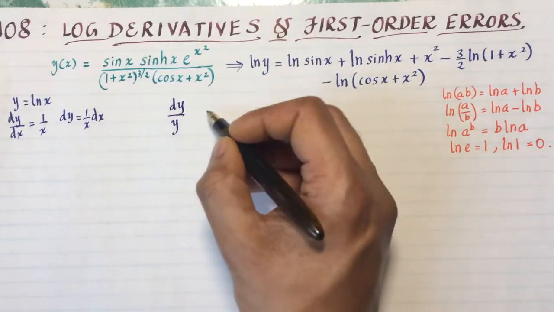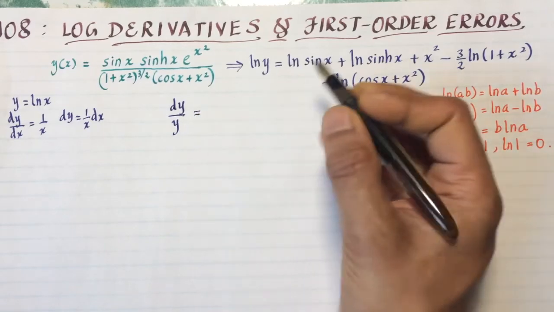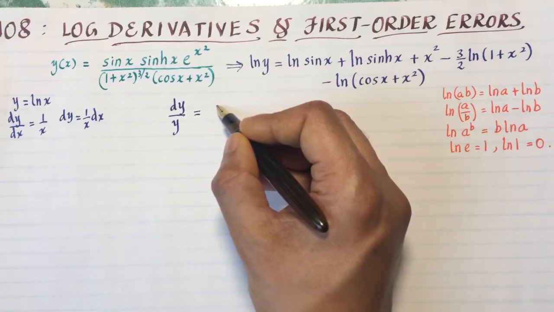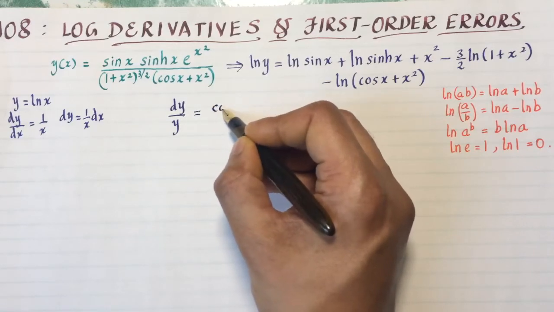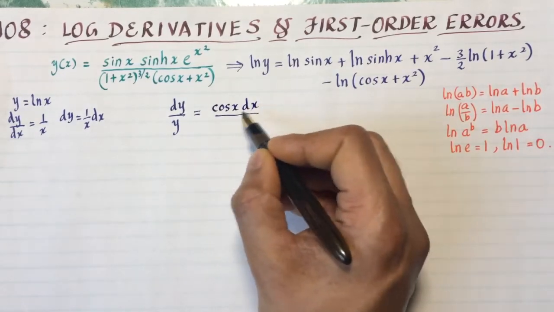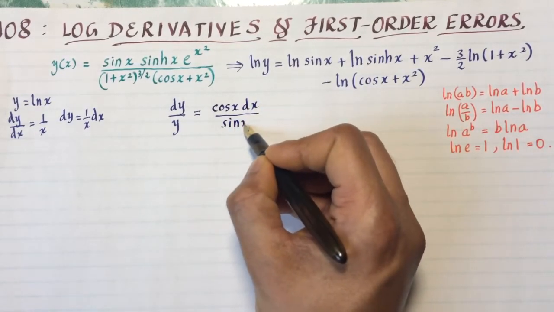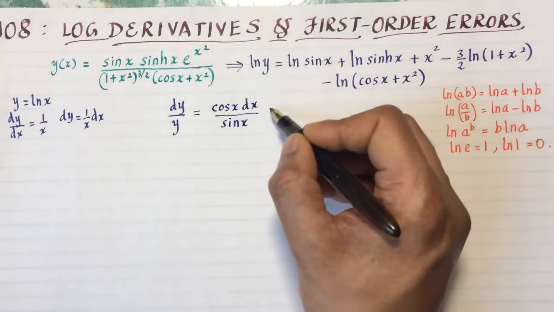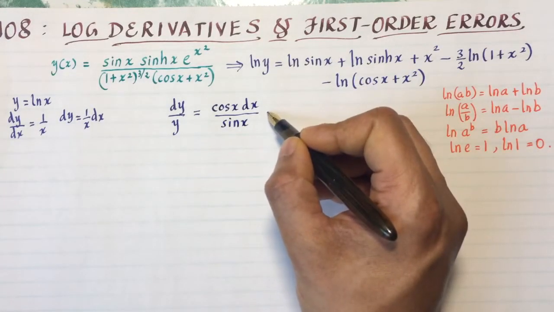I'm going to get 1 over y. And on this side, I'm going to have things like cosine x dx by sine x, because after differentiating, I'll go and take the derivative of the inner function by what's called the chain rule.